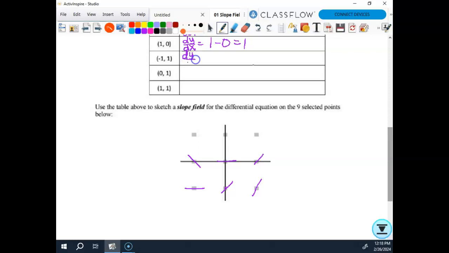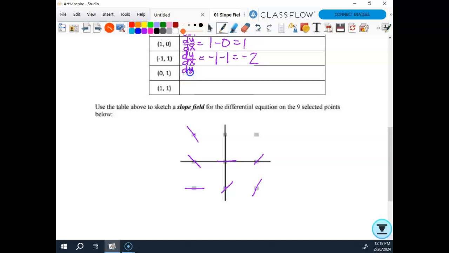Then dy/dx equals -1 minus 1, so that's -2. So at (-1, 1), the slope is -2. I'm aiming for this one and that one, so it should be steeper than the one that was a -1.